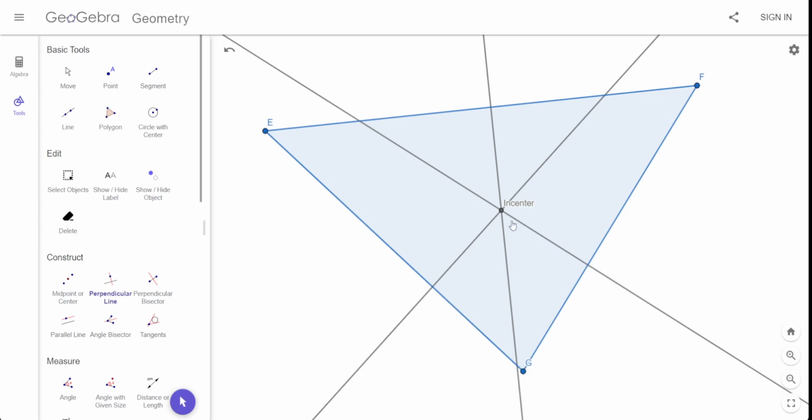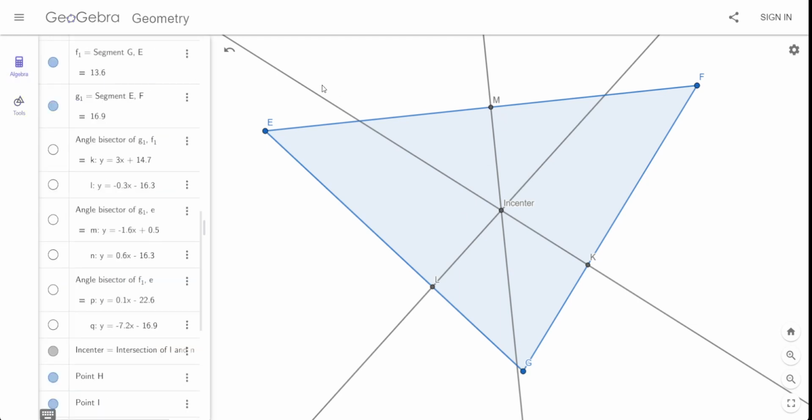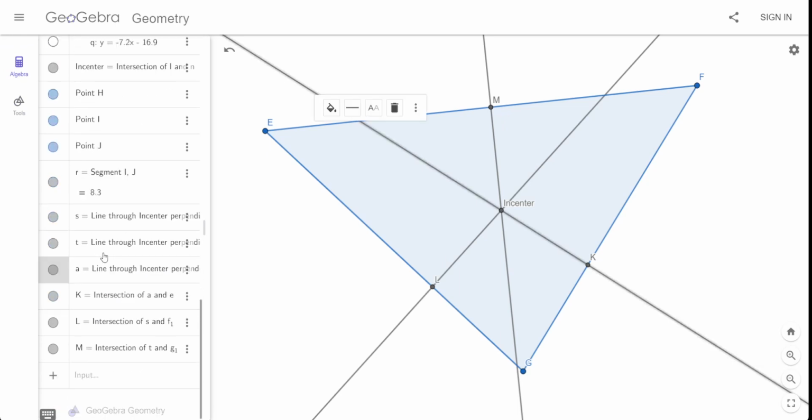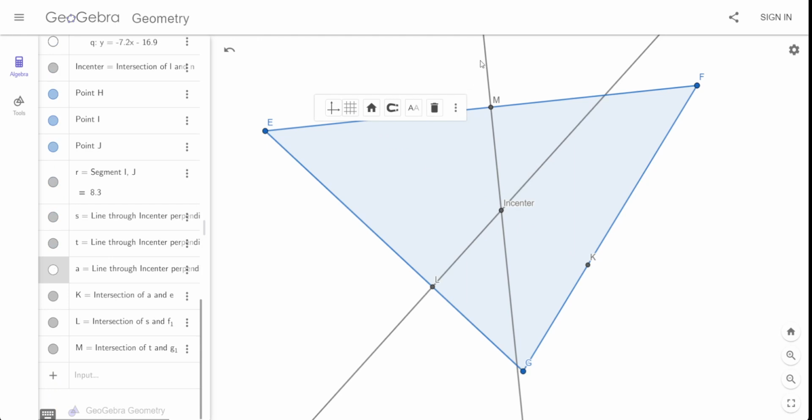So what I want to do is get a little segment from the incenter to this point right here. I'm going to put a point right where it intersects, right there, and put a point right here. And then I'm going to get rid of this big old line right there.